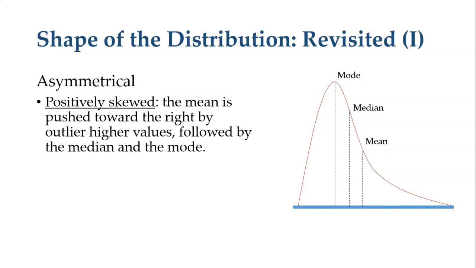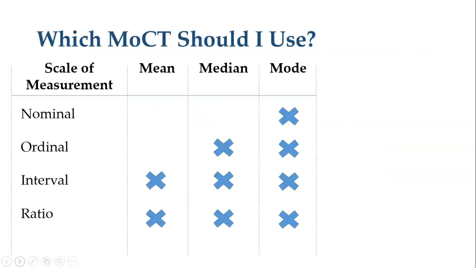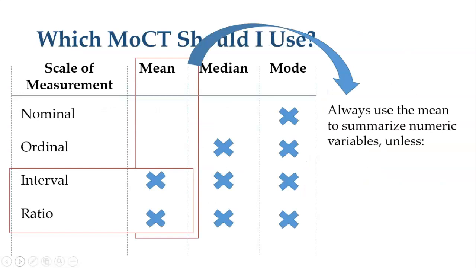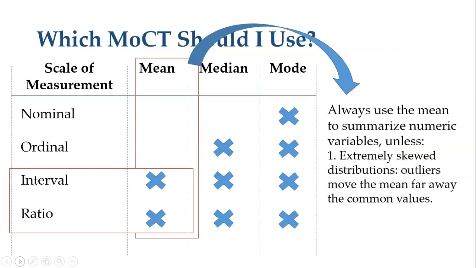So it's going to be very problematic because you're going to have a value which is not representative at all of the rest of the population, right? So in that case, it's not a good idea to use the mean. We should use the median, because the median is less affected by these extreme values in the distribution.